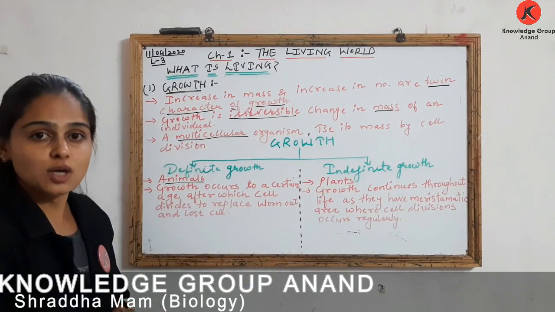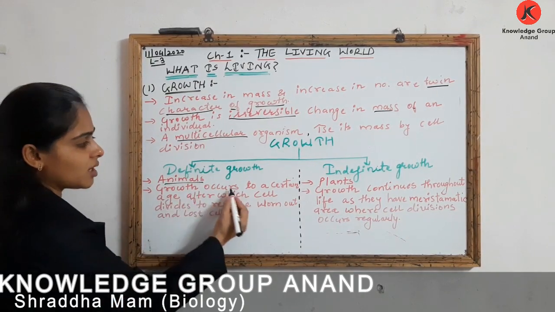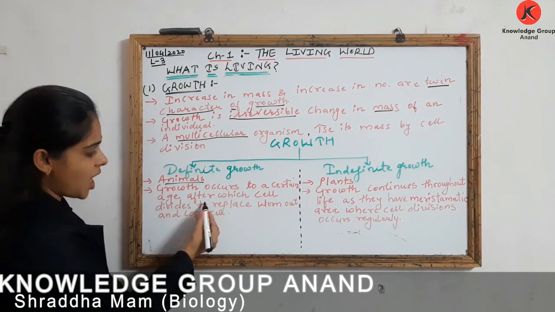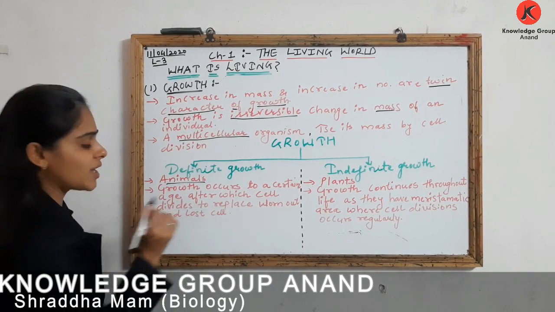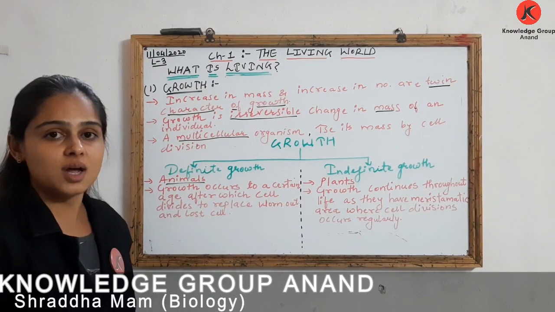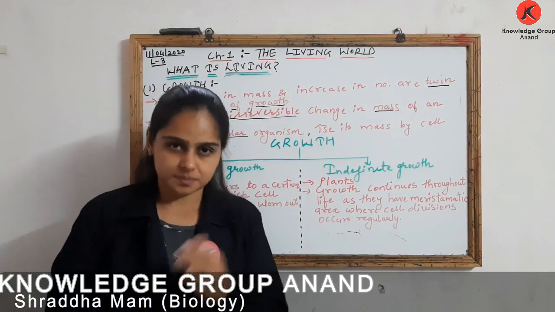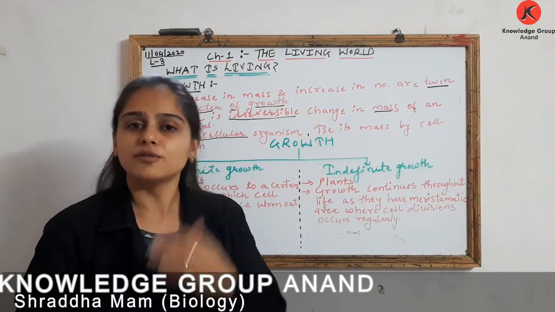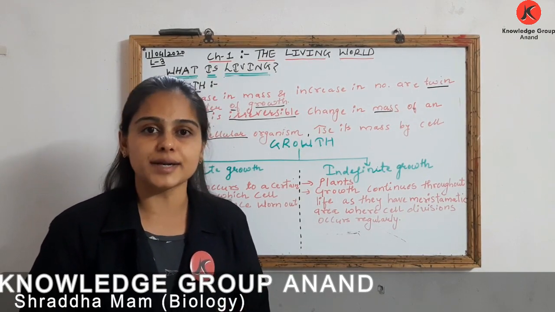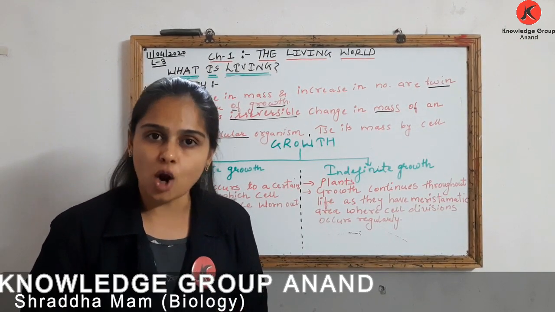Okay, so if you are talking about definite growth, this type of growth is exhibited by animals. In this case, growth occurs up to a certain age, after which cells divide to replace worn out and lost cells, of course, right? We very well know that in humans, if I am going to give an example, we are formed from a single cell that is called the zygote. Zygote कैसे बनता है?